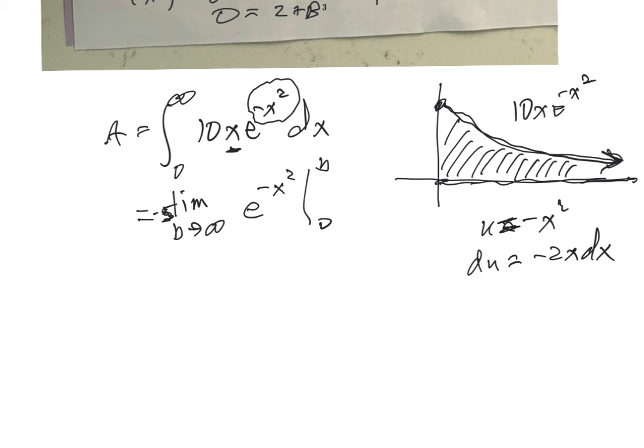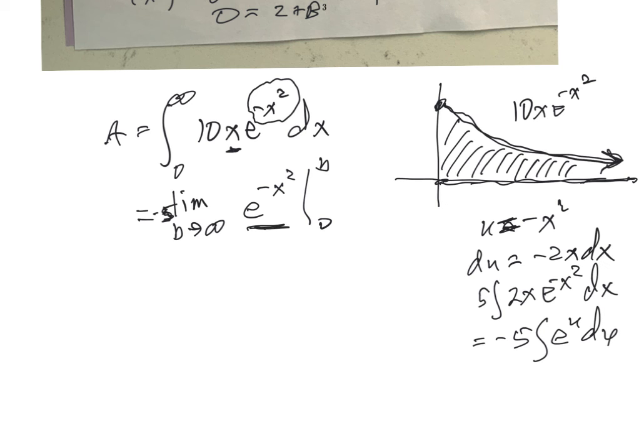So just at an antiderivative level, split the 10 into 5 times 2. And then you can see this becomes minus 5 e to the u. And the antiderivative is just e to the u. There it is. And now plug in our limits.